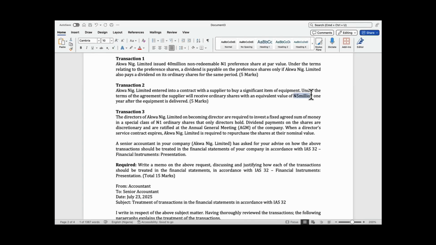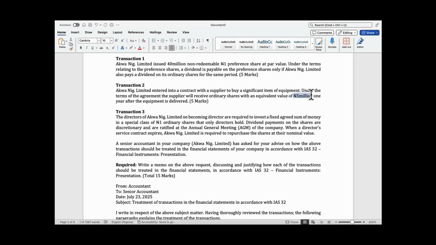So as far as transaction 2 is concerned, because we are going to pay this 5 million with shares in 1 year's time, 1 year after the equipment is delivered, the way we're going to recognize it in our books is to debit PPE and credit a financial liability. Are we going to do that with 5 million?